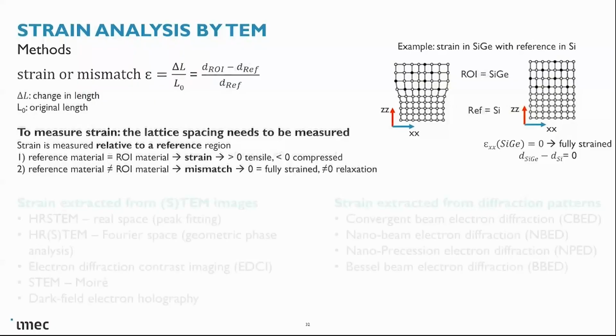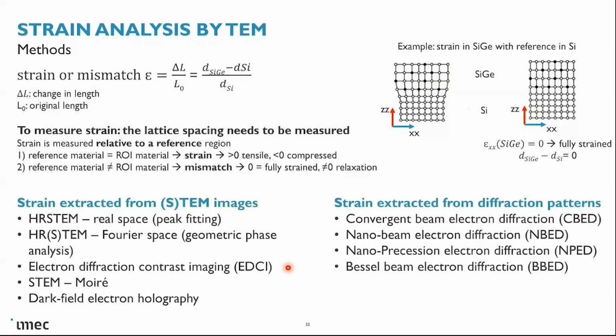Strain techniques. There are many techniques to measure strain, and we can characterize them, for example, on how strain is extracted. So here they are characterized for strain extracted from TEM images or from diffraction patterns.